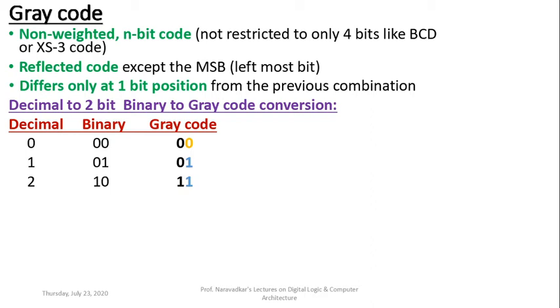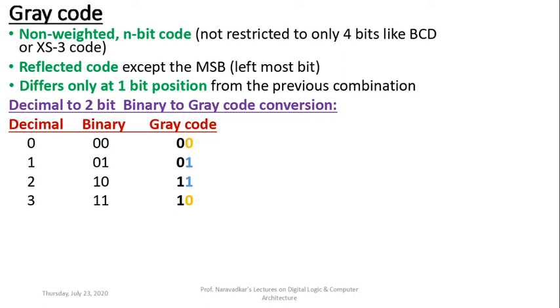That blue LSB bit does not change here, it remains 1. Only that left bit changes from 0 to 1. So 0, 1 to 1, 1, there is only 1 bit change. Then next is decimal 3. Binary is equal to 1, 1, but the gray is 1, 0.